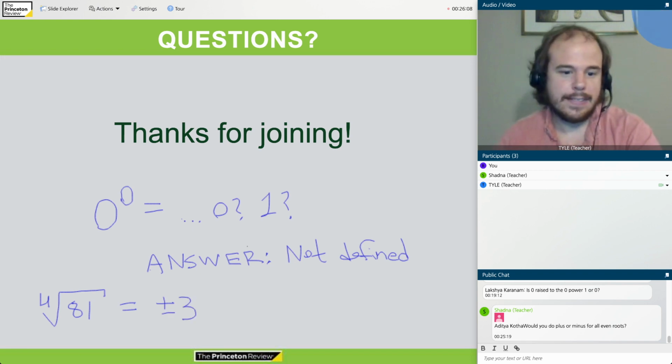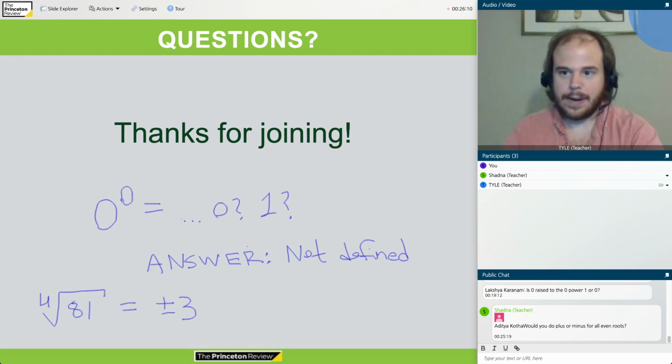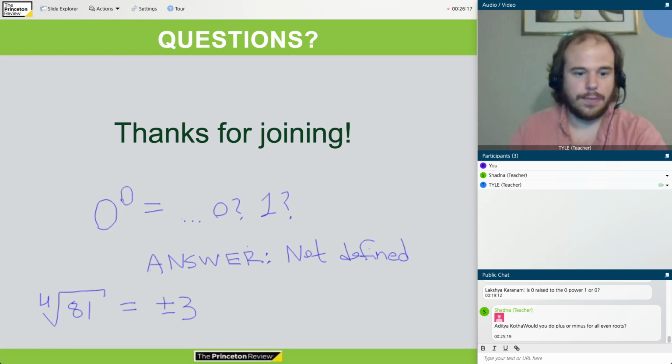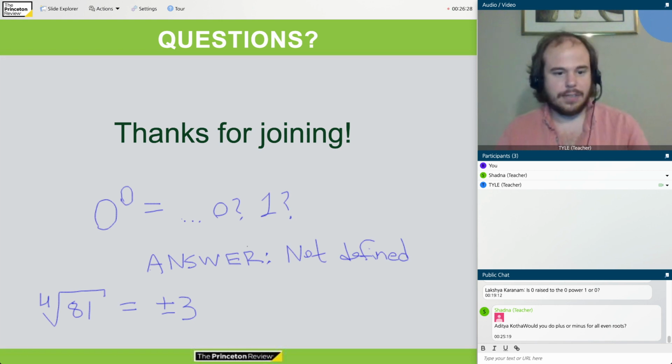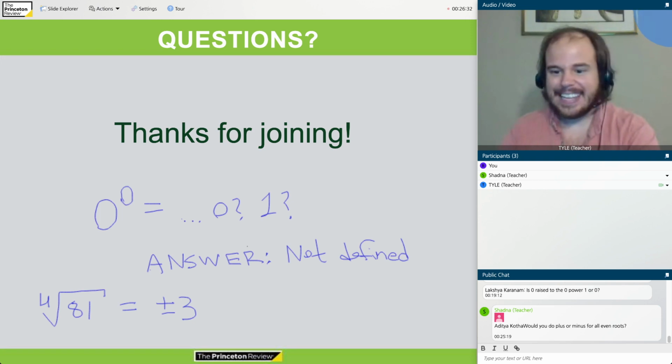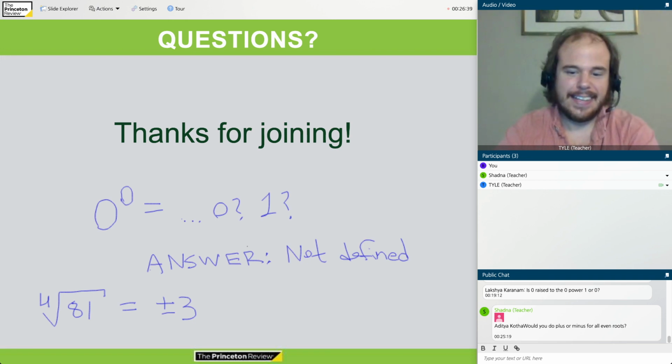That's because either plus 3 raised to the 4th power gives you 81, or minus 3 raised to the 4th power would still give you 81. So either of these could be fourth roots of 81. Sometimes from the context of the question, you would only need either the positive or negative root, like the question could ask you for positive square roots or positive fourth roots. But in general, that's exactly right. For any even root, either a plus or a minus will work. Great question.